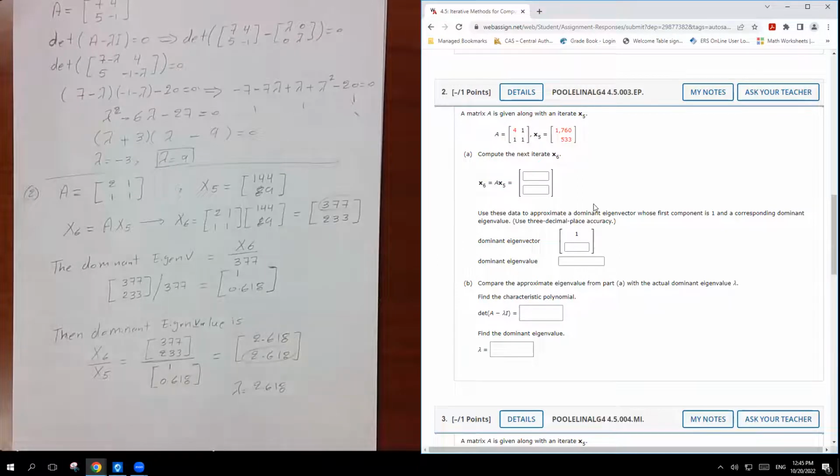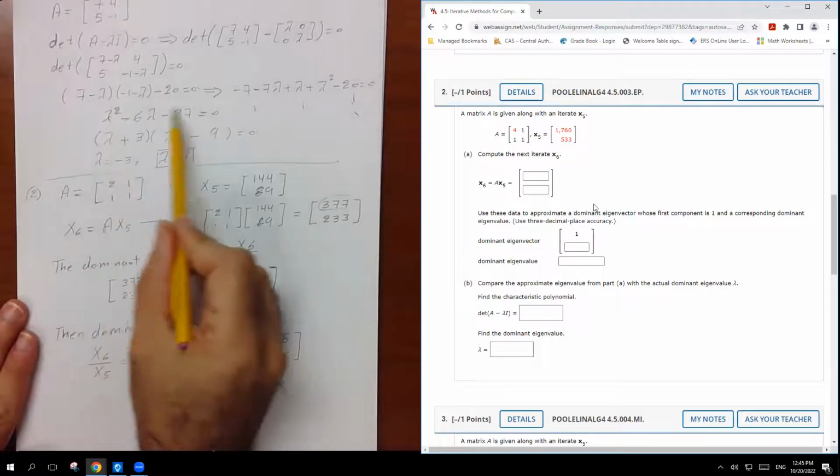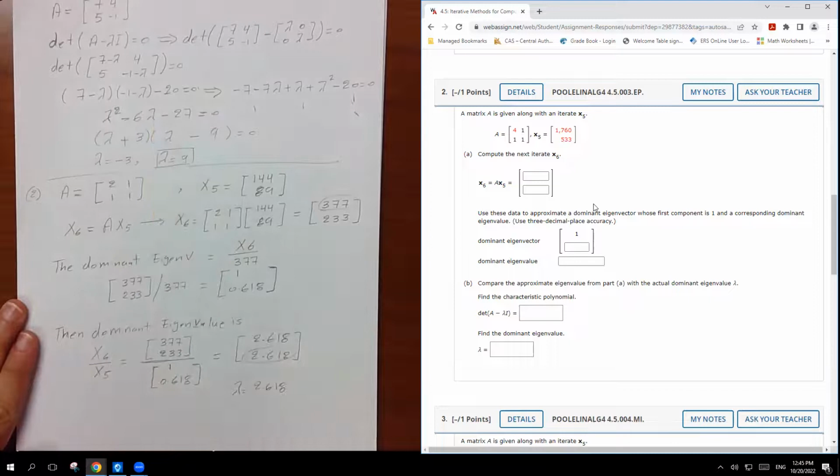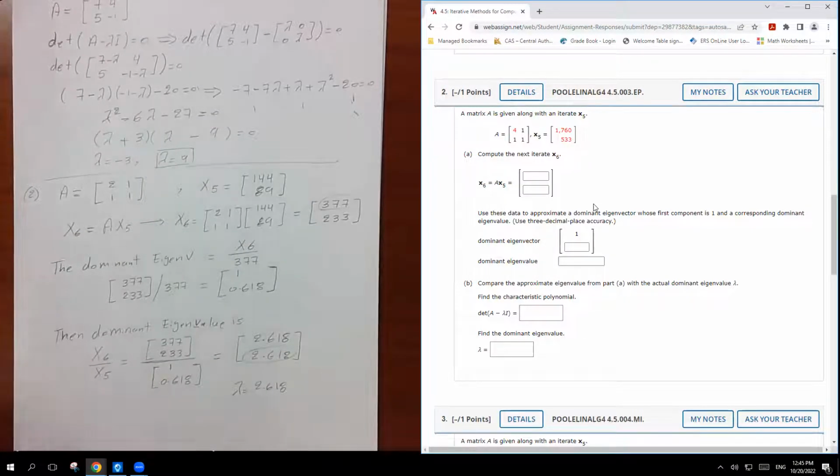You can't say 3, you can't say 2. That means your exact solution, because we got 2.6, 2.6, is exactly 2.6. So when you find the characteristic polynomial, you can't factor it just by using a quadratic formula. That's why your solution is going to be a decimal.